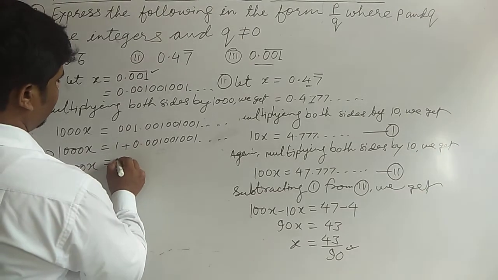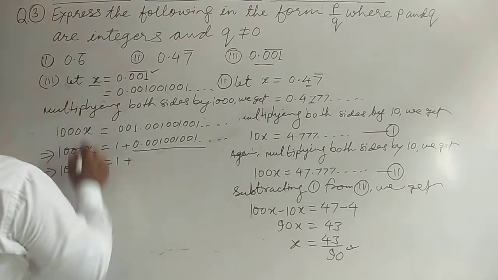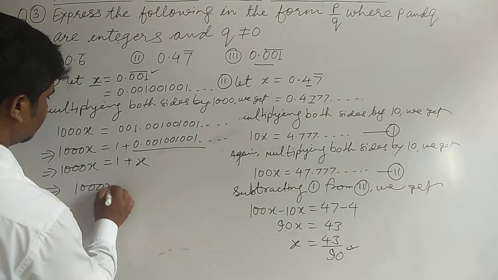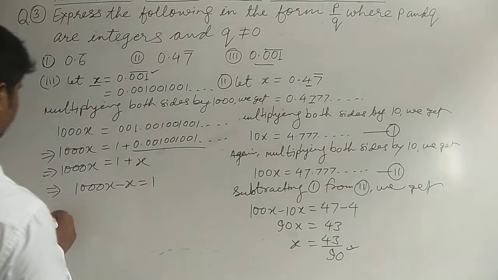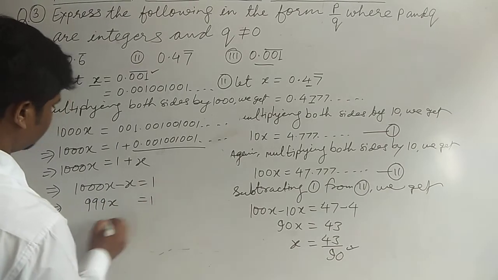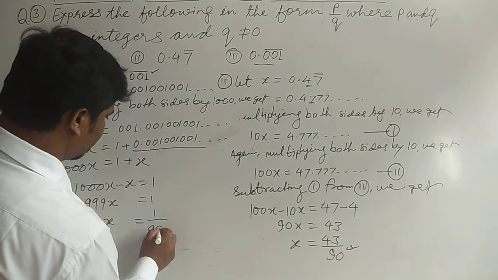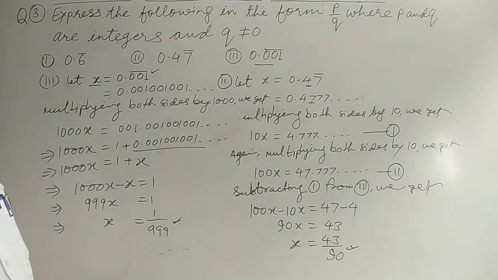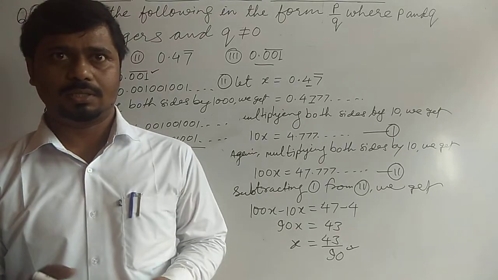So 1000x equals 1 plus, and the value of this we have already supposed to be x. So what will be 1000x? This x we will transfer to the left side, so 999x equal to 1, x equal to 1 by 999. So this is our solution. You can see the rest of the questions we will do in the next class. Thank you.